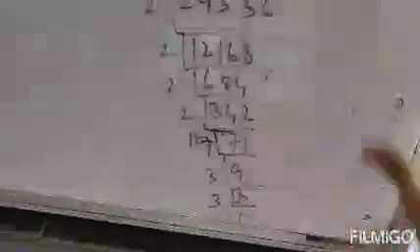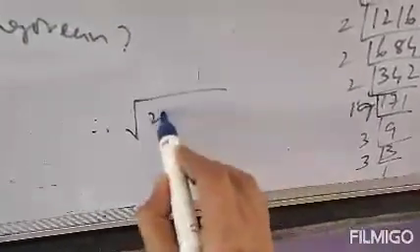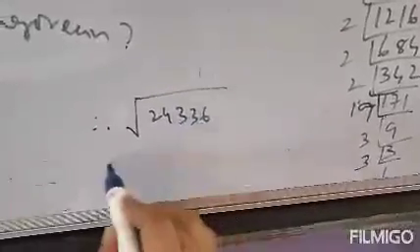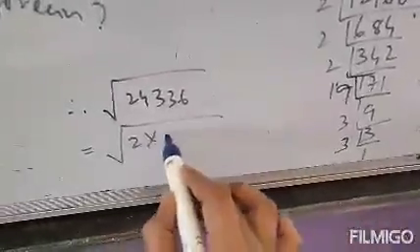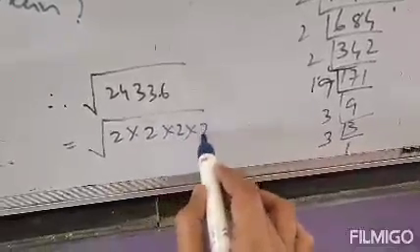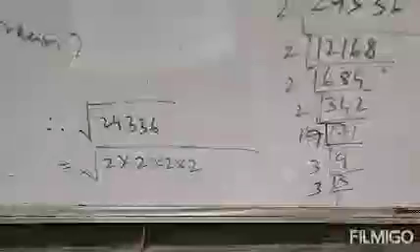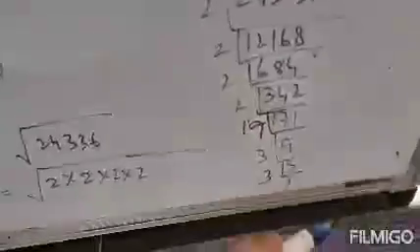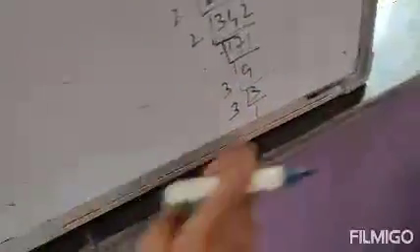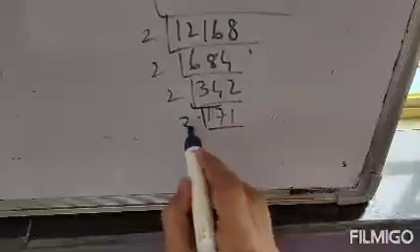Okay. So square root of 24336 will give you, there are 4 2's, 2 into 2 into 2 into 2. Let's do it by 3. In place of 19, let's do it by 3.